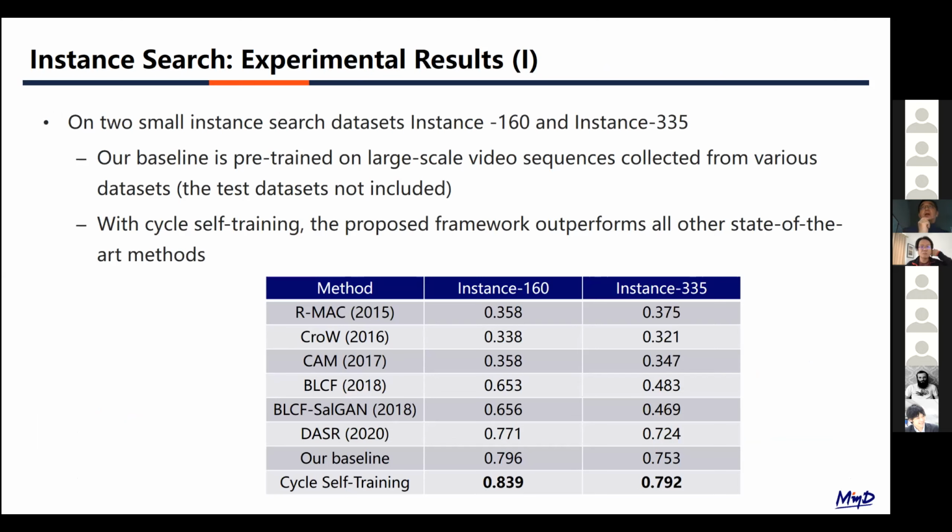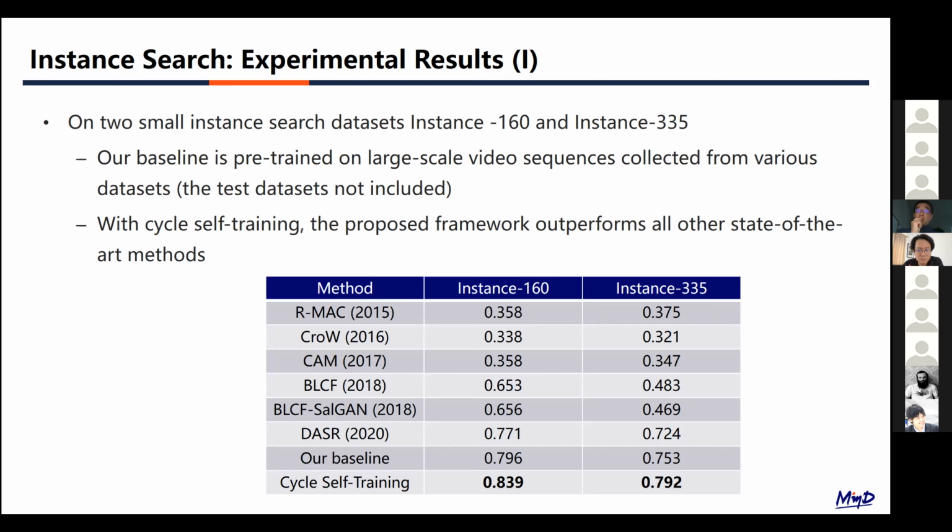So this is the evaluation we have done on two small data sets. One is Instance 16, the other one is Instance 335. The last two results are our results and the other results are based on existing competitive algorithms. Now, first of all, we quickly realized even our baseline result is better than the existing approaches.